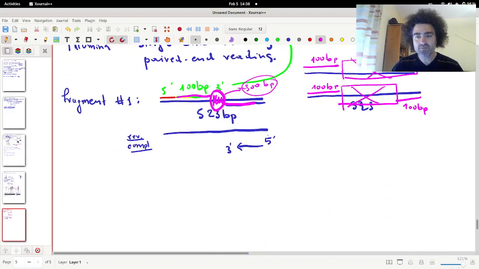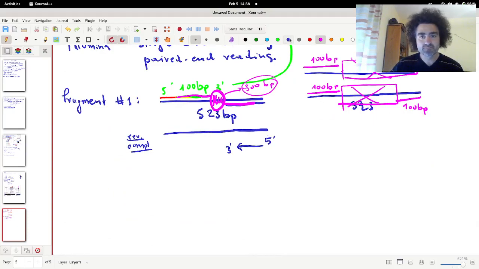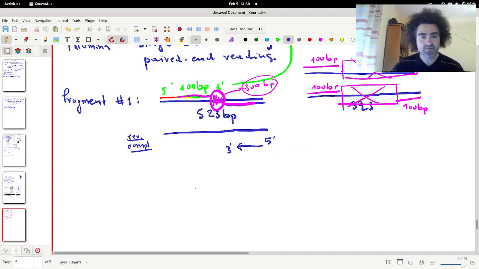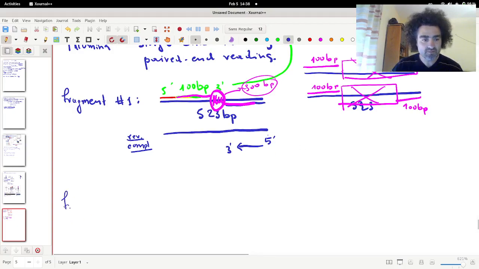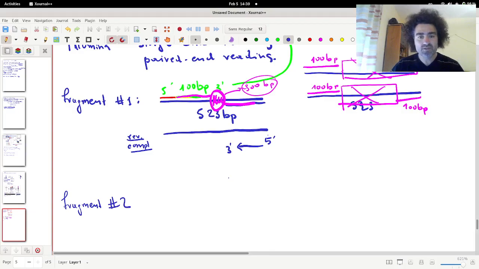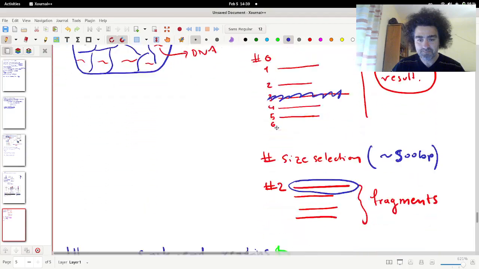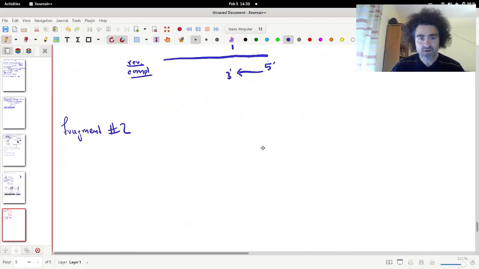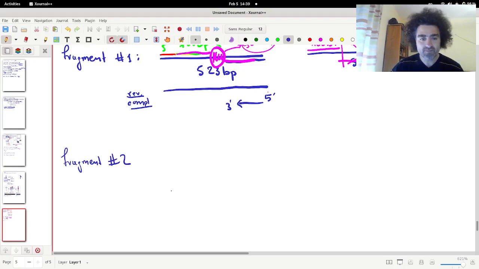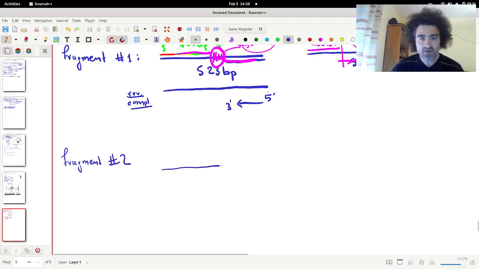So of course for this fragment you will not read this, but it's possible that for another fragment, so this is fragment number 1, but if we go here and we have fragment number 2, which again corresponds to the same part of the chromosome. So fragment number 2 is this one, but it's a bit smaller. Okay, so fragment number 2 is not 500 base pairs, but it's, let's say, 300 base pairs.